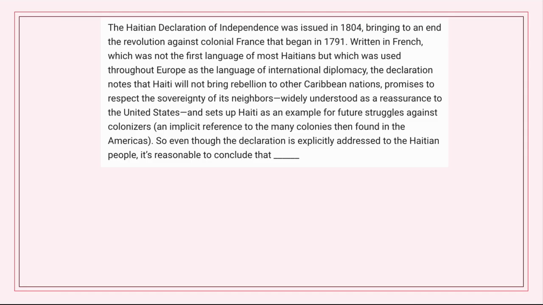The Haitian Declaration of Independence was issued in 1804, bringing to an end the revolution against colonial France that began in 1791.